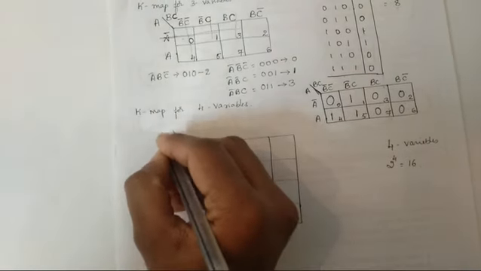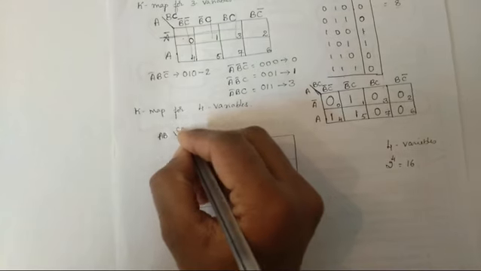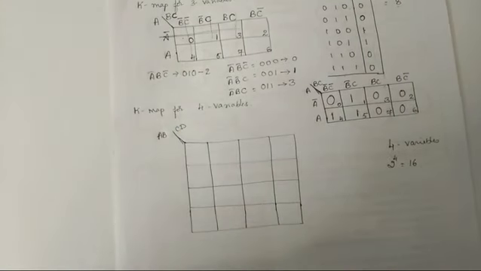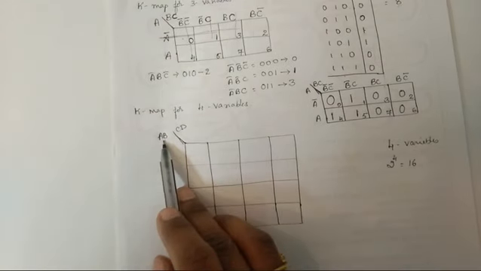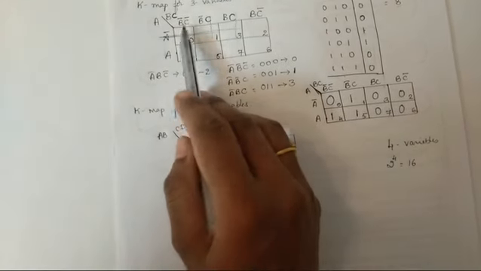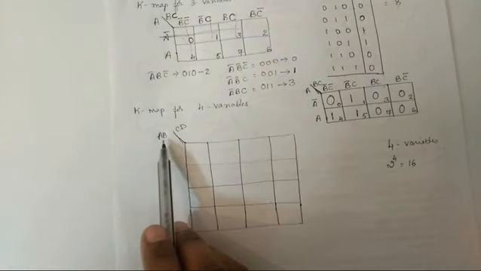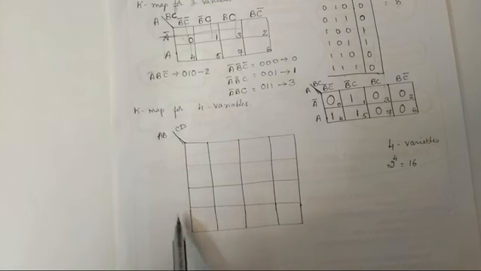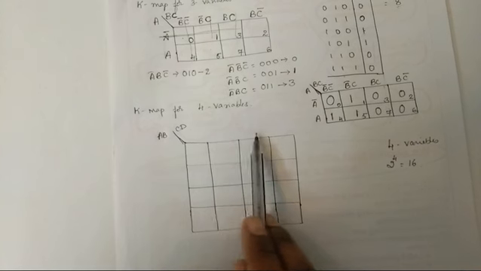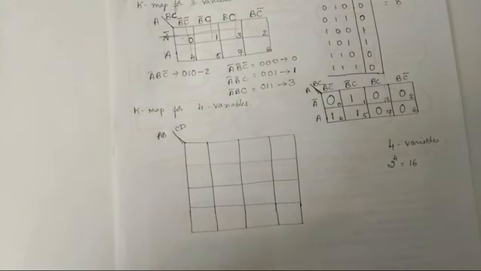Let me take it as A, B, and here C, D. Follow the same pattern. How many variables here am I having? 2 variables. So this place represents the variables AB and this place is for CD.